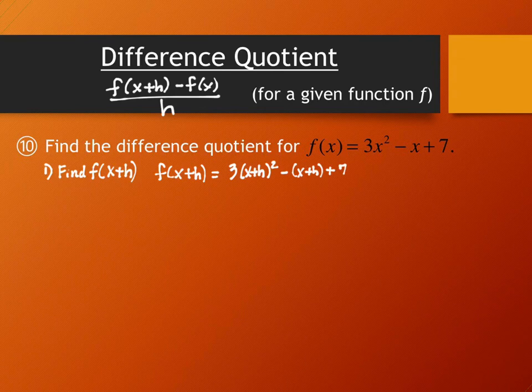Have to clean up the algebra. Okay? So, still inside of step 1, I need this to be x plus h times x plus h. And then I'll go ahead and distribute this negative. This is minus x minus h plus 7. Okay, so we have 3 things multiplied, a 3, an x plus h, and an x plus h. It's easier to multiply the 2 x plus h's together and the 3 last.